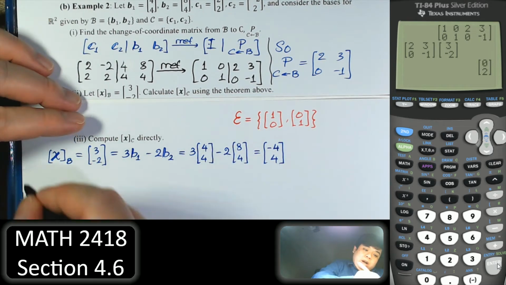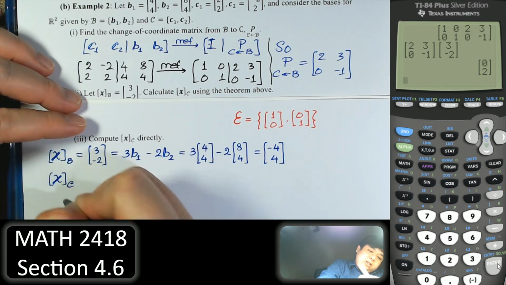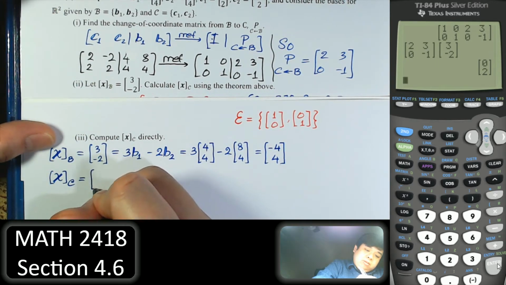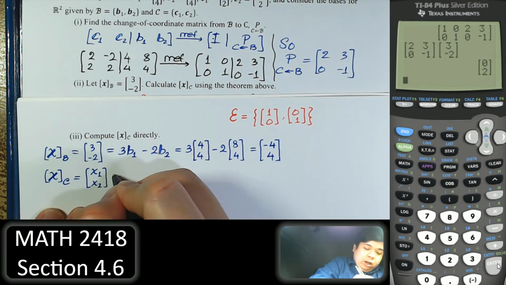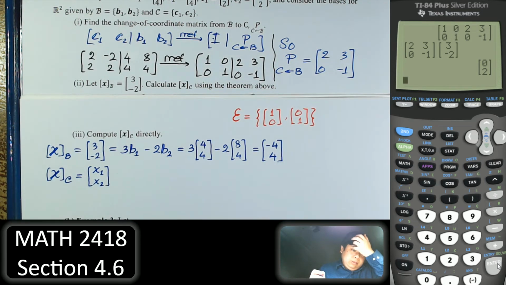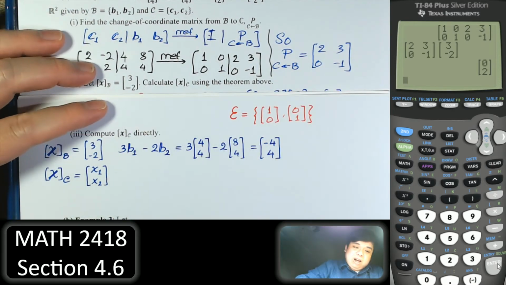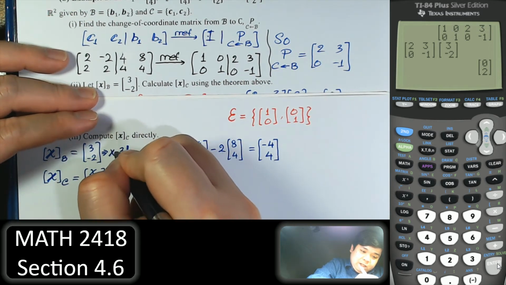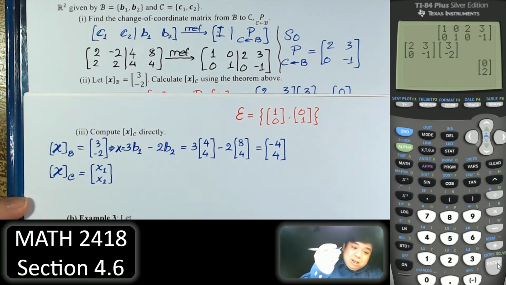Now we want to find the coordinates in C, which we don't know. So in this case, let's write x1 and x2. Right, this may be confusing, so let's fine tune the notation. If x in B coordinates is 3 and negative 2, then x is given by that. That makes a lot more sense.